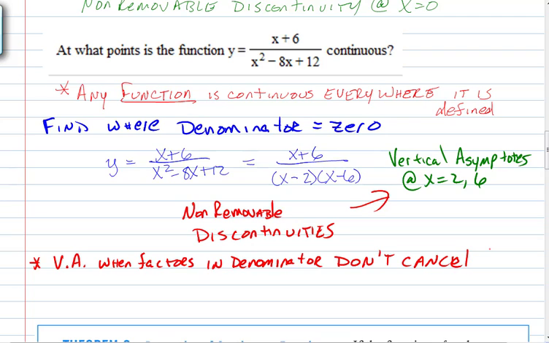If you can't reduce the fraction, then wherever the denominator is 0, you have vertical asymptotes. Vertical asymptotes are non-removable. Holes are removable. And we have holes when the factors in the numerator and denominator cancel.